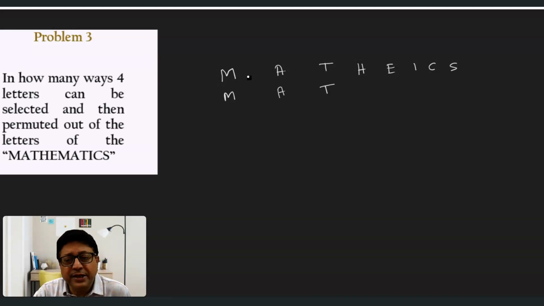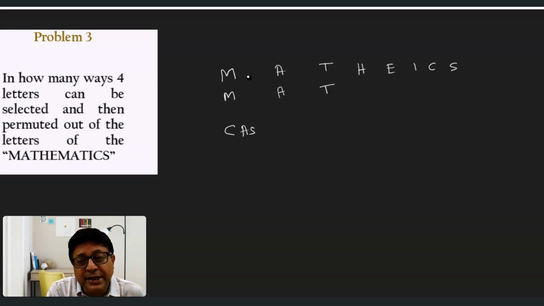Alright, so total 11 letters are there. Now selection of letters of the word mathematics by taking 4 at a time can be done by taking all distinct, maybe 2 M's and 2 distinct, or 2 A's and 2 distinct, maybe 2 T's and 2 distinct. Similarly, there may be a case where you are considering 2 M's and 2 T's. So depending on this observation, we will be discussing the following cases here. Case 1, when we are going to select all different.